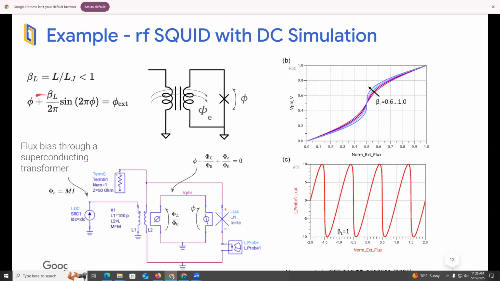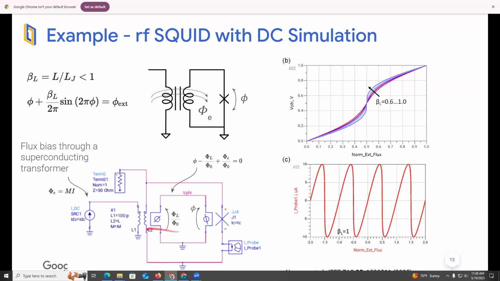We can calculate the equilibrium phase by writing the energy, minimizing it, and finding what the phase versus flux equation looks like. We are going to work with a ratio of the junction inductance to the linear inductor such that there's only one solution, so we're not talking about multi-well potentials.